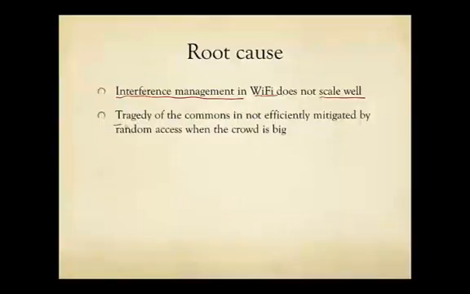In other words, the tragedy of the commons, which we observed in many different social and tech networks, is not efficiently mitigated in the case of Wi-Fi by what they use as the random access method, as soon as the crowd is reasonably big, for example, in a hotspot, and increasingly perhaps at home as the number of Wi-Fi devices active at the same time increases at home too.